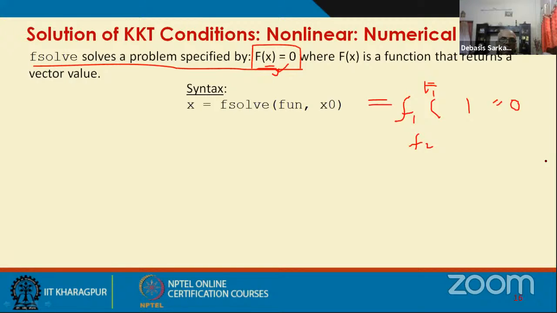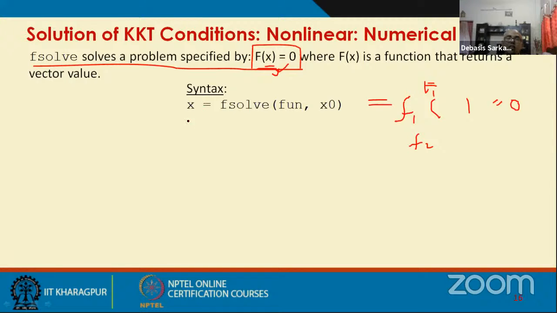So fsolve can be used to solve such a set of nonlinear equations. And please look at MATLAB. In the command prompt, type help fsolve and hit return, and you will get appropriate help for the use of the fsolve command.